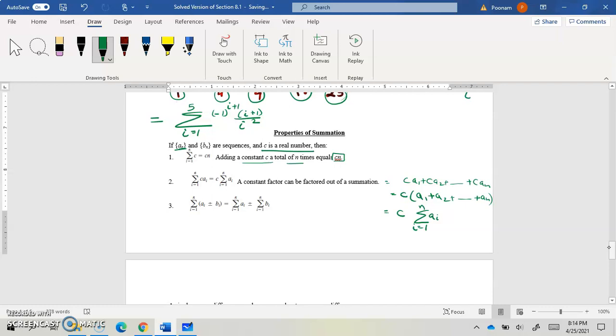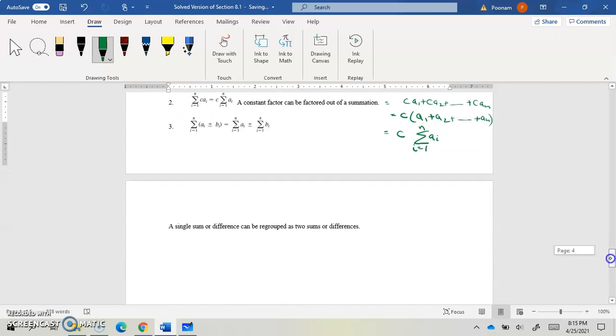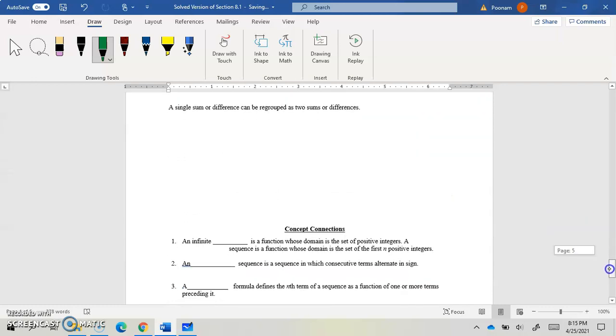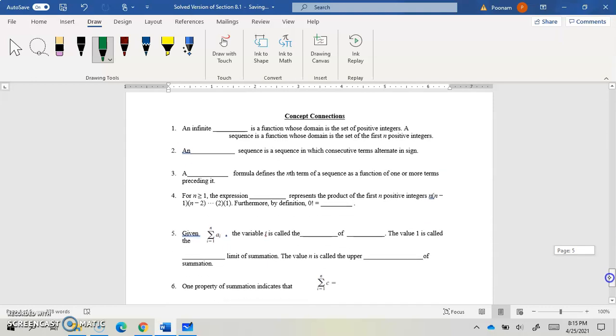Next we have sigma of a_i plus or minus b_i, the sum or difference of two series. They can be separated like that: the summation of a_i plus or minus the summation of b_i. So these were the properties.